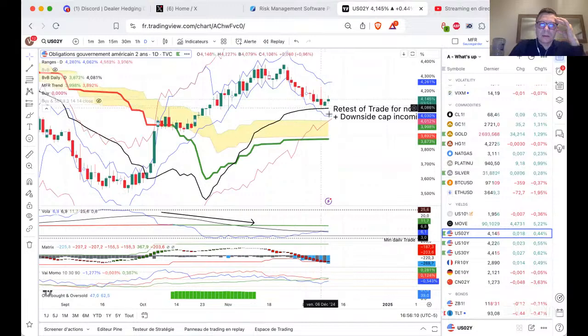And we have a downside cap almost appearing, in the 4% or so. We have Matrix also almost ending its cycle, probably now going to start its positive cycle back up. So, I mean, yeah, okay, sure. Yields have topped, or maybe not.